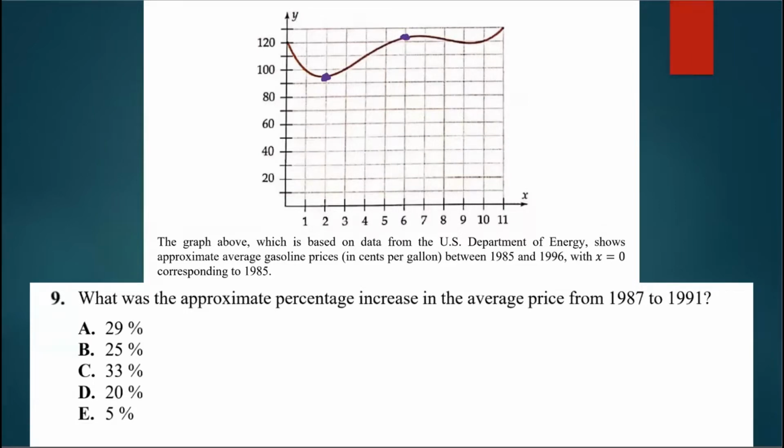So it increased from this value to this value. What approximate increase here? So consider that this is about 95, for example, and this is about 125. And they put 100 here, and they ask what is the increase. I think it will be something about 25 to 29.